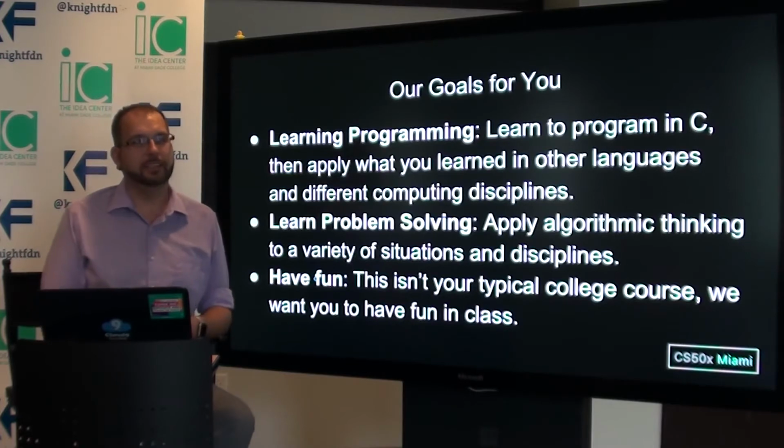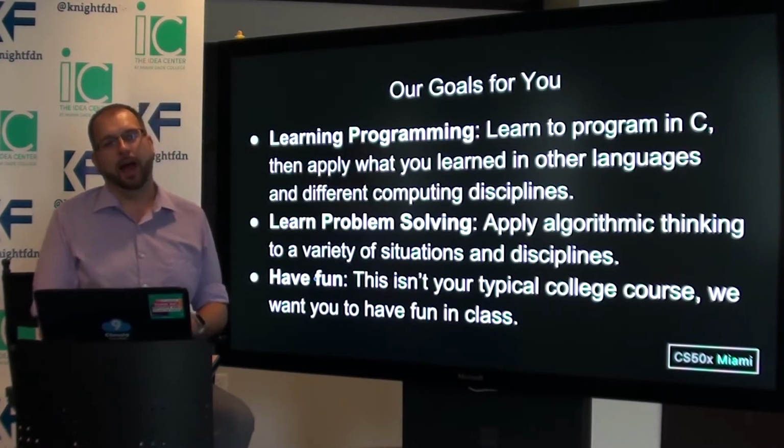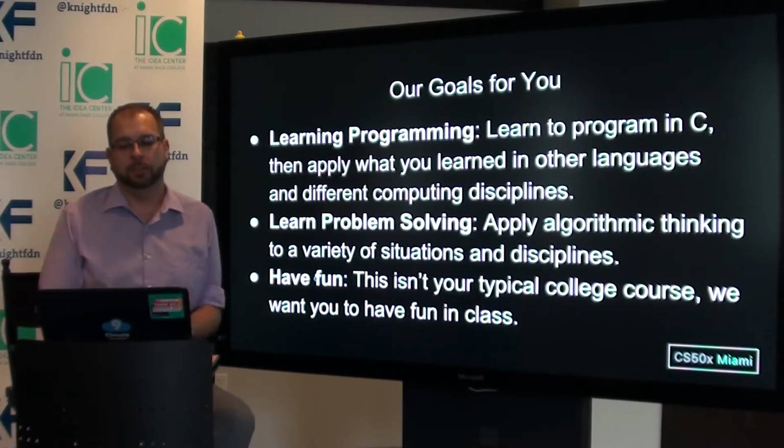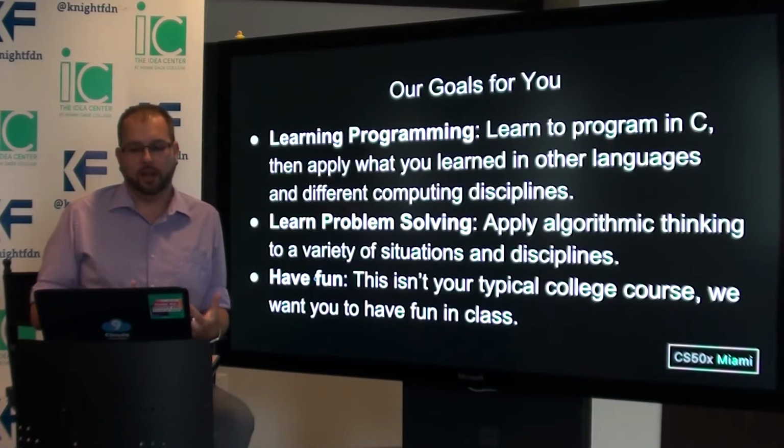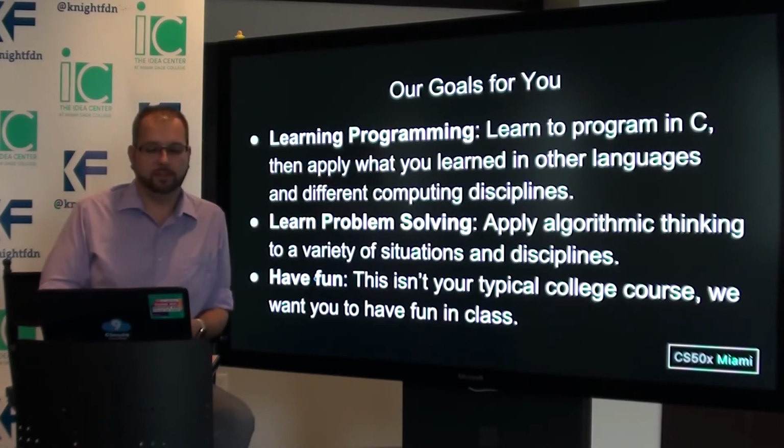So our goal is not necessarily to teach you how to solve a specific problem, but how to break down a problem and solve it without looking at specific solutions. We'll again be looking at a number of different computer science disciplines to help us with our problem-solving skills.